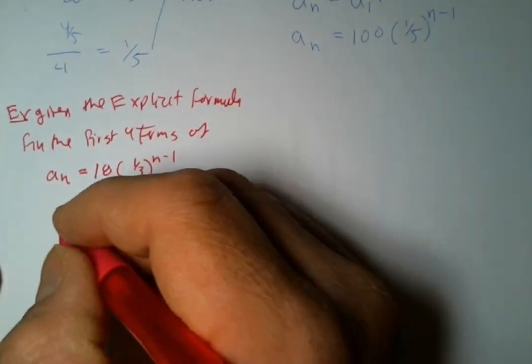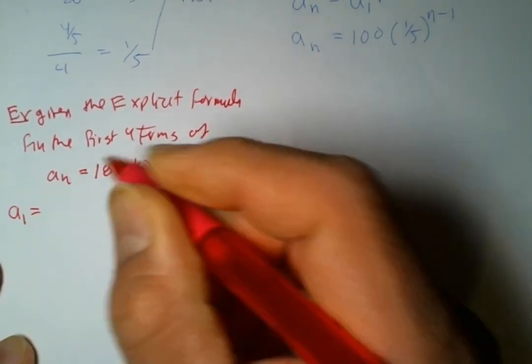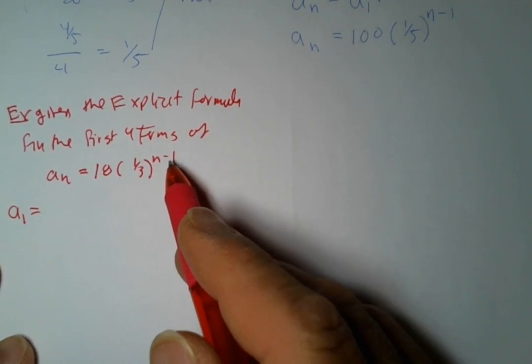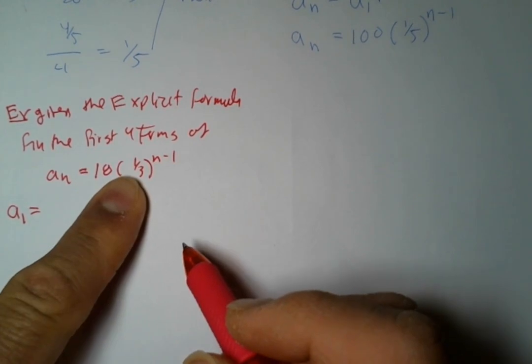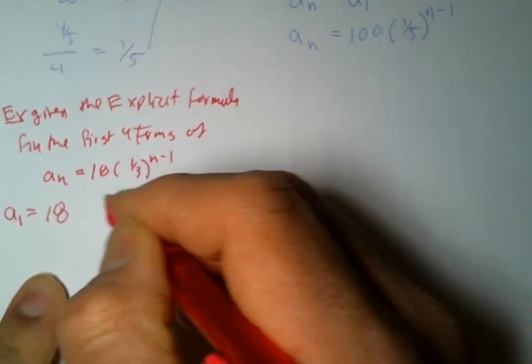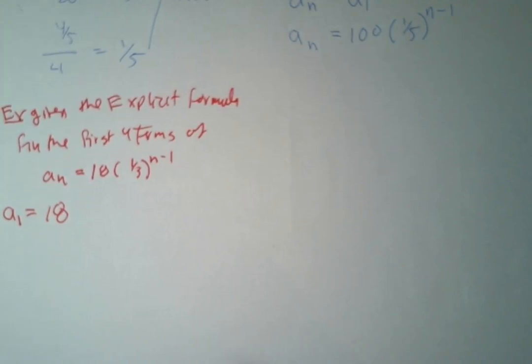Here we start with a1. When we plug in 1 minus 1, that's 0. A 0 power does not make the value 0. That just becomes 1. So we get 18 times 1, which is simply 18.